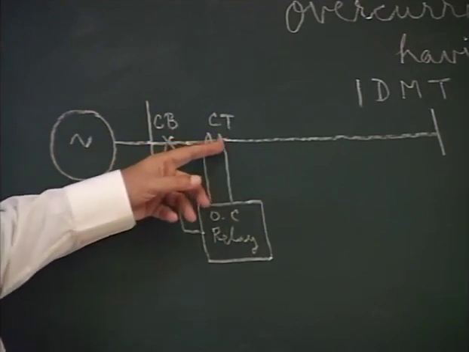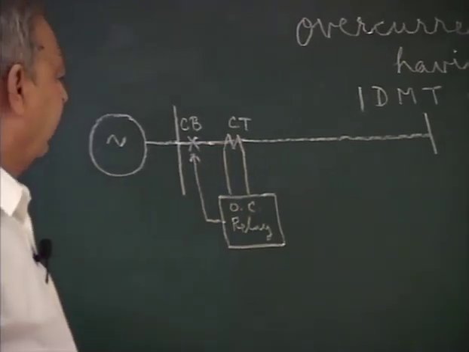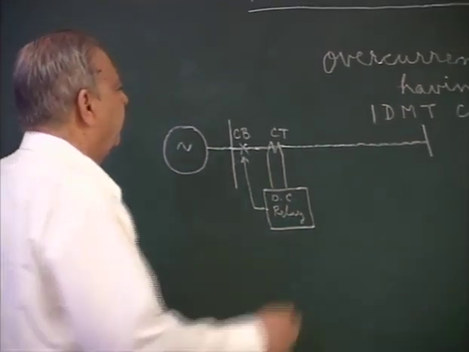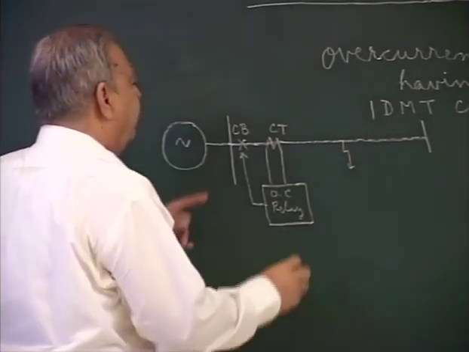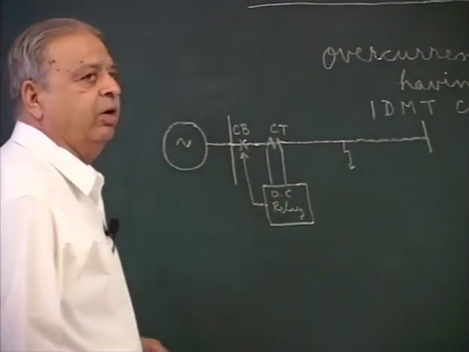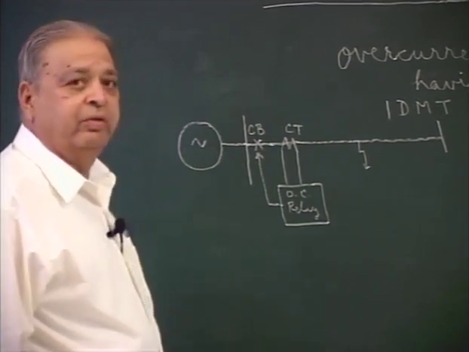This is a current transformer to provide current to the overcurrent relay. Now, if there is a fault anywhere in the system, then depending upon the distance of the bus to the fault, an overcurrent will flow, and there is no problem in operation of the relay.